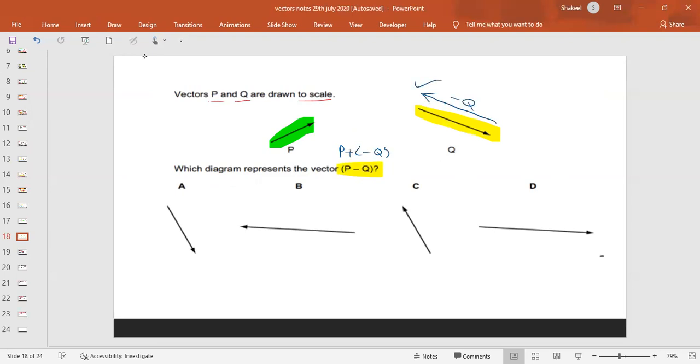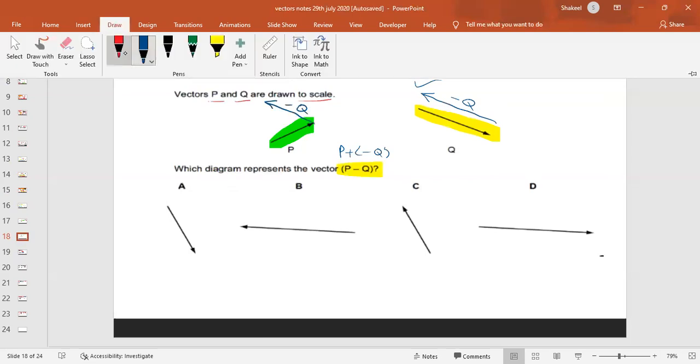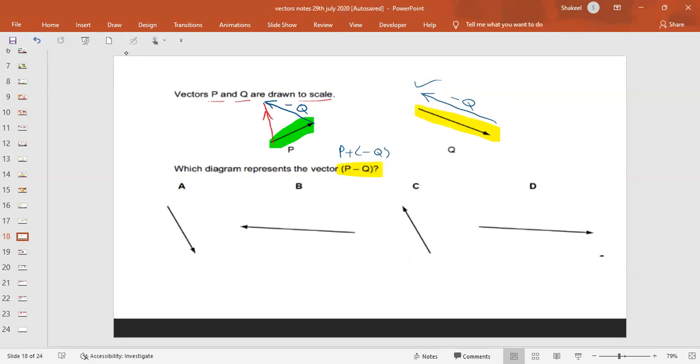So actually you have to draw this. Okay, now again, like if this is P and you just draw negative Q on it like this, so then obviously you will have the vector as this. So this is your resultant vector, which is C. So C is the vector which is pointing in the same direction.